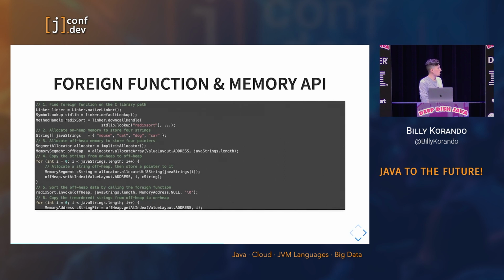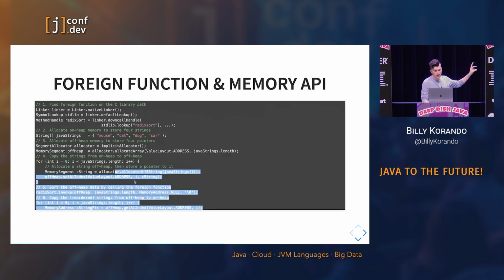Again, foreign function API is not something I've often had to do to work with native code, but here we see a simple example where we wanted to do some sort of radix sort. We have four different string values when we create that in Java. Then we allocate native memory based upon the length of that string array. Then we copy the values from that string array into the native memory.